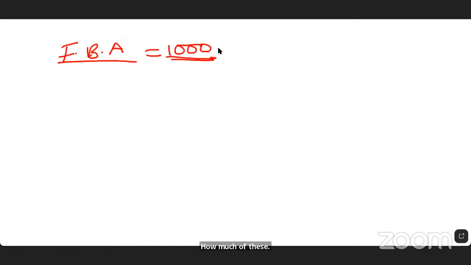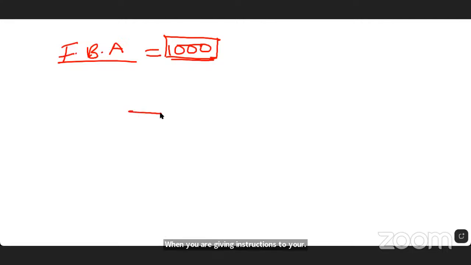Okay, so now the next point on your robot is saying first buy amount. So it is asking you on your $1,000, how much of this do you want your robot to start with? Do you want your robot to go in with all your $1,000? As a good trader, when you are giving instructions to your robot, we give 2 instructions.